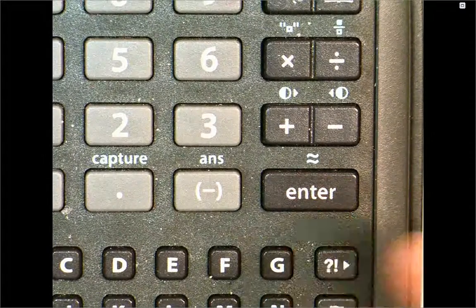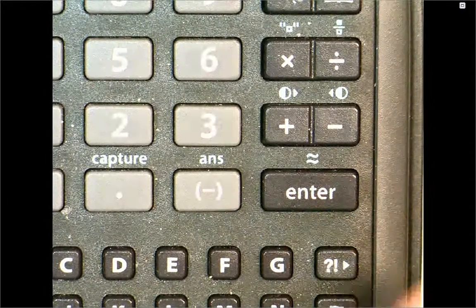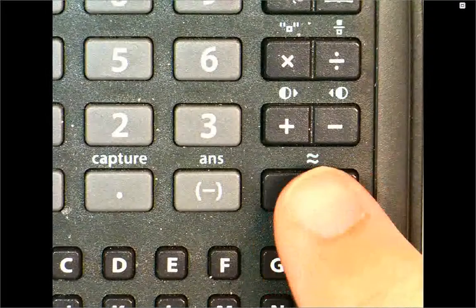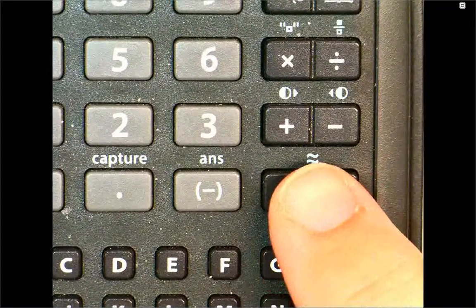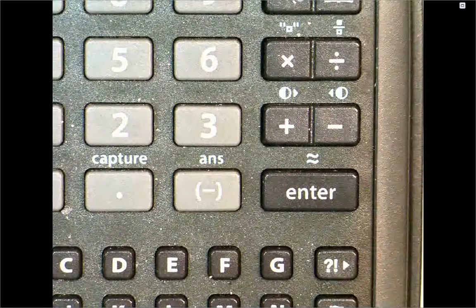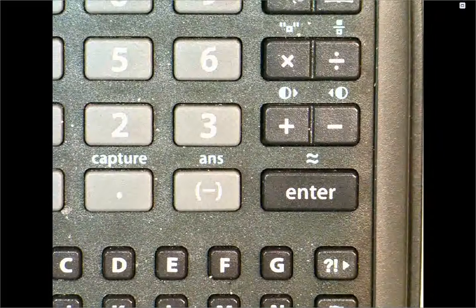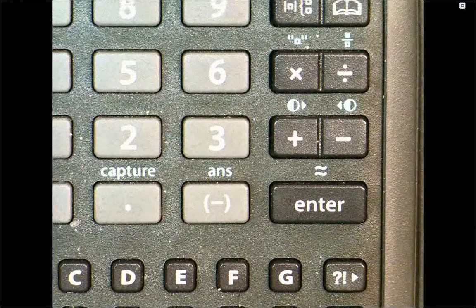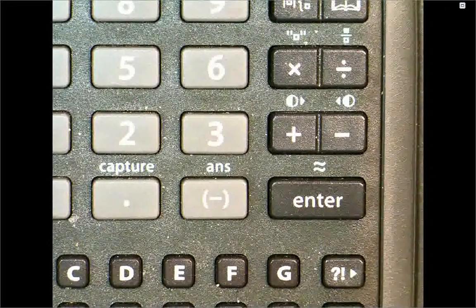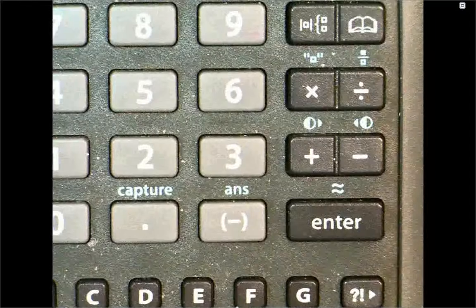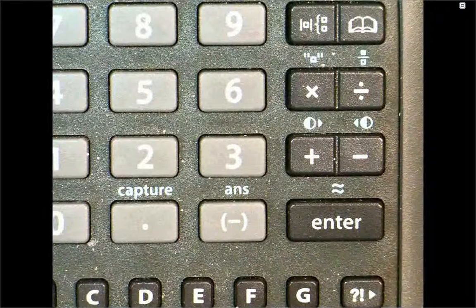So enter is your equal sign, basically, or your squiggly equal sign is an approximation. So either way, you can get the answer that they want right off the bat. I just like to get both answers, because a lot of times it's better to get the exact answer than it is to get the approximation.